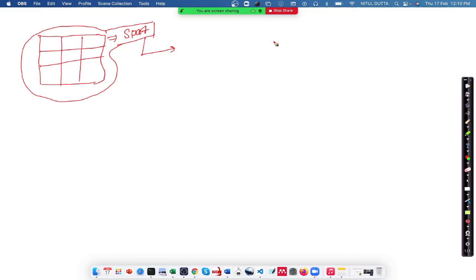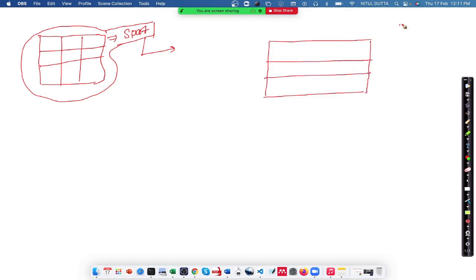However, what we will do is create a new compact matrix. This compact matrix will always have 3 rows. The number of rows is fixed. Rows will be equal to 3: 0, 1 and 2. However, the number of columns will be equal to the number of non-zero elements.